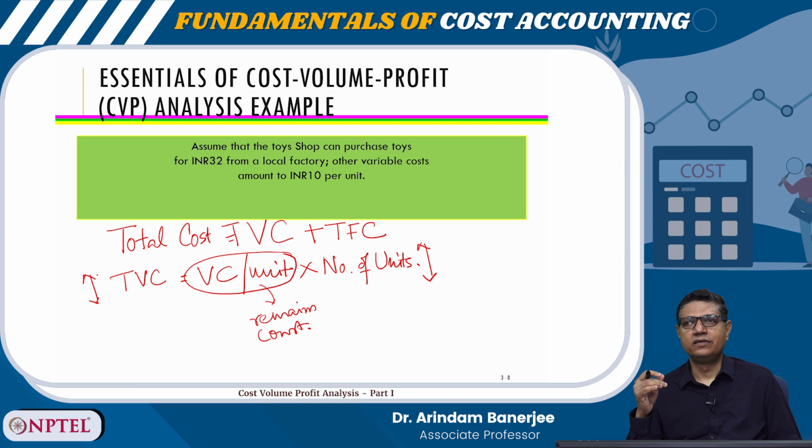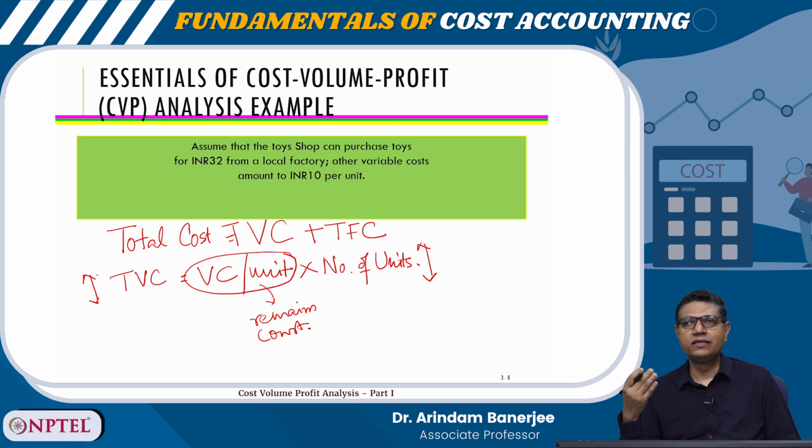This is number 1. Number 2 is that by increasing and decreasing the number of units produced, how many units I am going to produce is dependent on several other factors. One of the major factors is how much the market demand is. If the market demand is more, I will produce more. If the market demand is less, I will produce less.